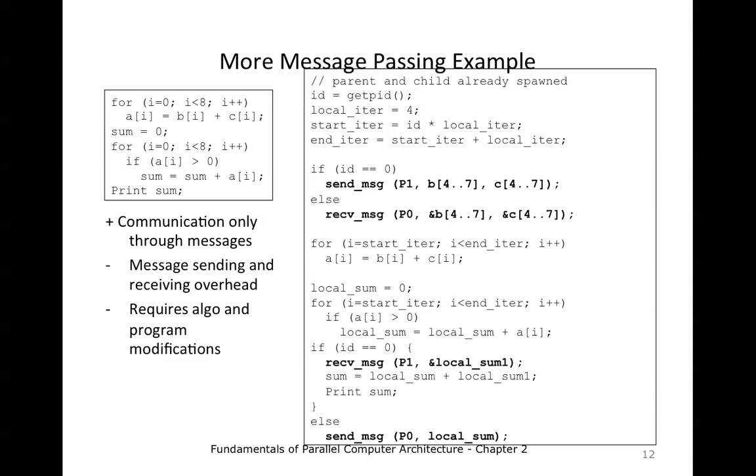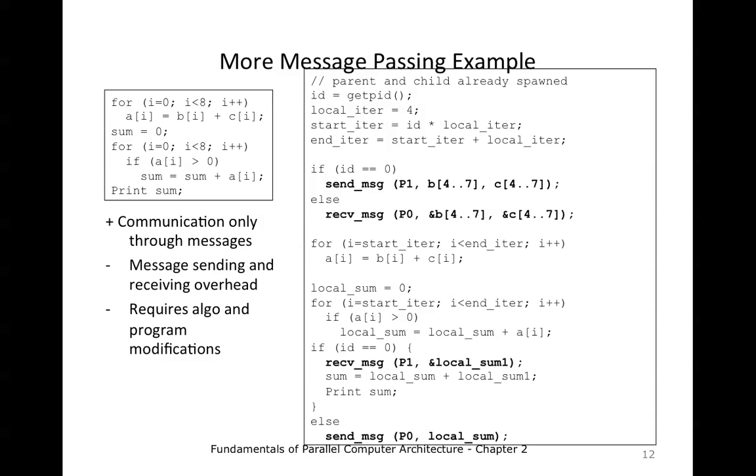Now for the message passing example, we need to have primitives for sending and receiving messages. In this case, for the sending of messages, we have to be selective in the sense that initially the parent process has all the data.